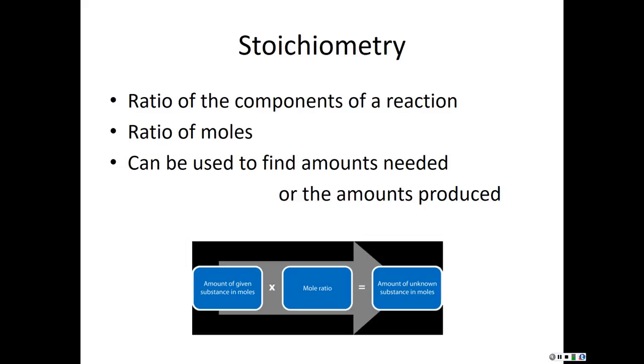So if I start with 4 moles of NiCl4, and I want to find how many moles of Cl2 I can make, I need the relationship here to do that conversion. Well, this is what stoichiometry is. It's the conversion between them, the ratio.